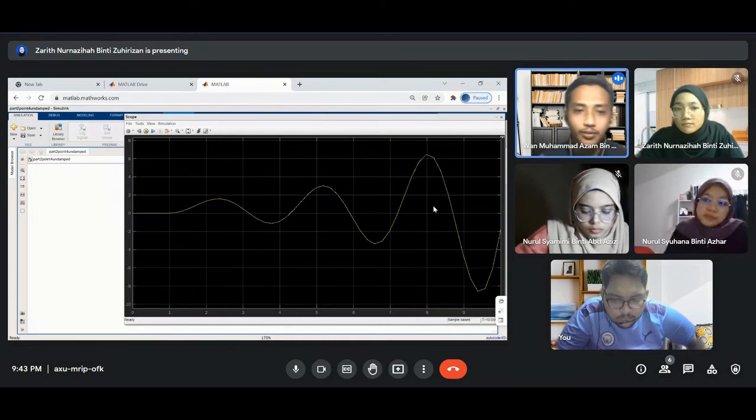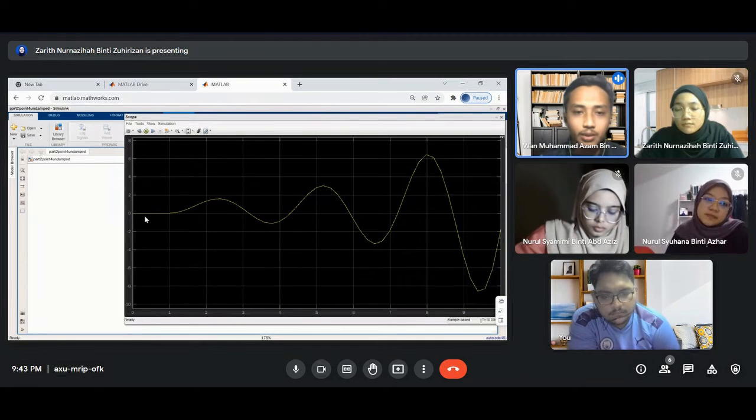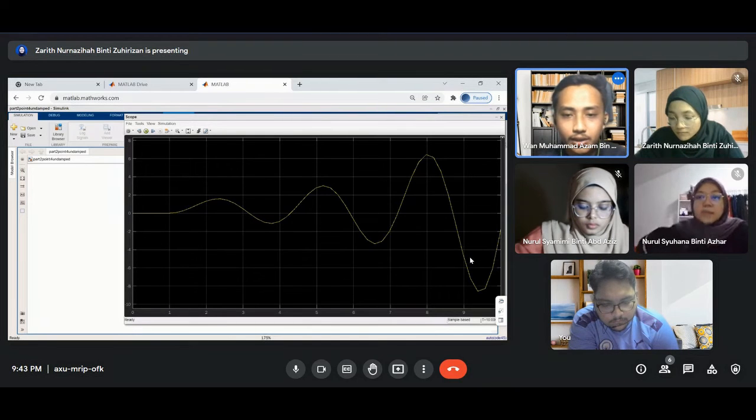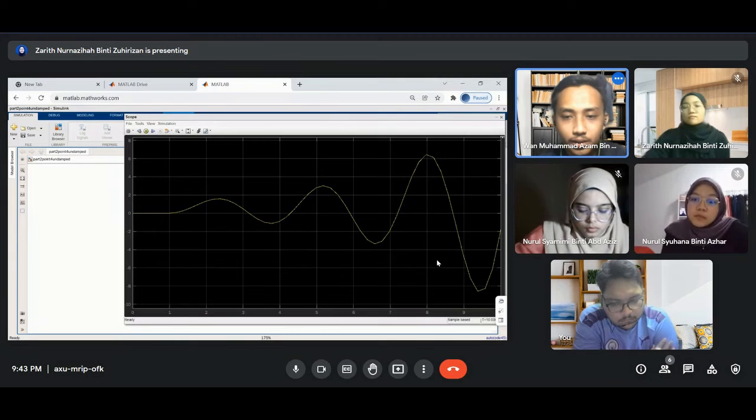Okay, then after you run it and tick the scope, the undamped graph will appear here, and the undamped graph becomes unstable when the 1 over s plus 1 transfer function is added, as seen in the diagram. This graph begins with a consistent reading value.